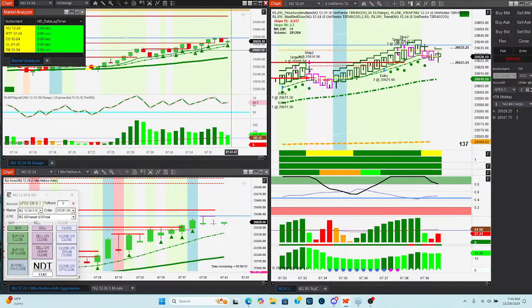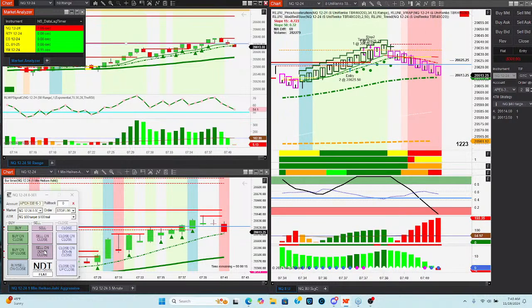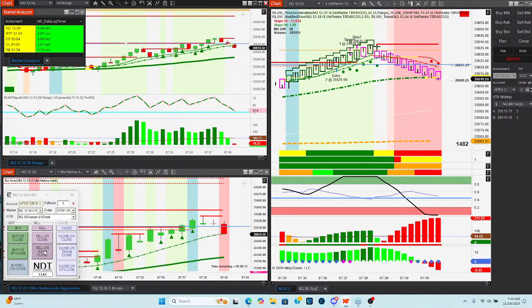It's going to maybe go back to the 50. Doesn't look like an aggressive pullback right now. Well, there we go. That's what I was expecting. There you go.